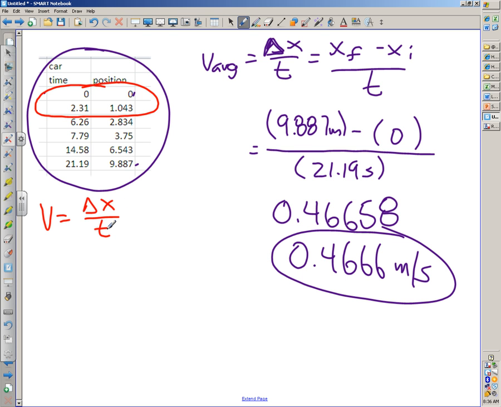I can figure out what the time was. And it's actually pretty easy for this first interval because where does this object start? 0. So its displacement is just going to be 1.043 meters. The time it takes to go that distance was 2.31 seconds. And once again, because you all have your calculator out, you can figure out what the average velocity was between the starting line and the first tape mark.